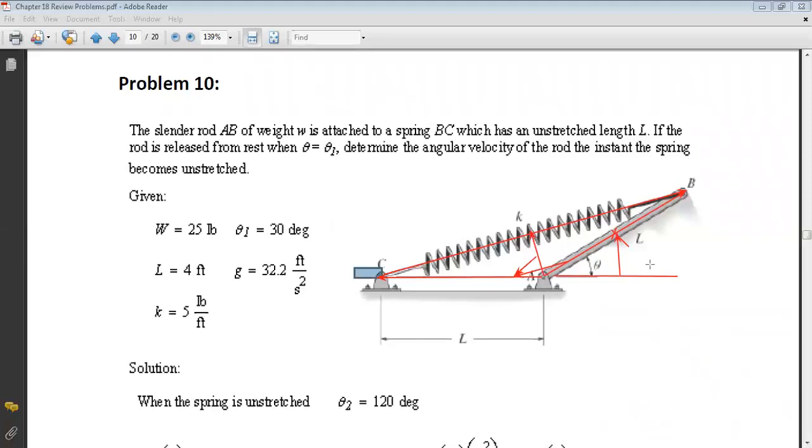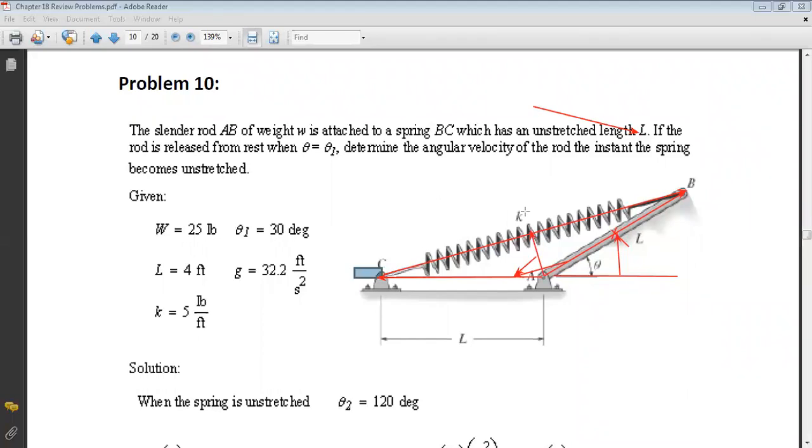Now, what is unknown here is at the final state: determine the angular velocity of the rod at the instant the spring is unstretched. When the spring becomes unstretched, they said that the unstretched length is given, it's L. So you know L0. So until now, at the initial position, you know everything.